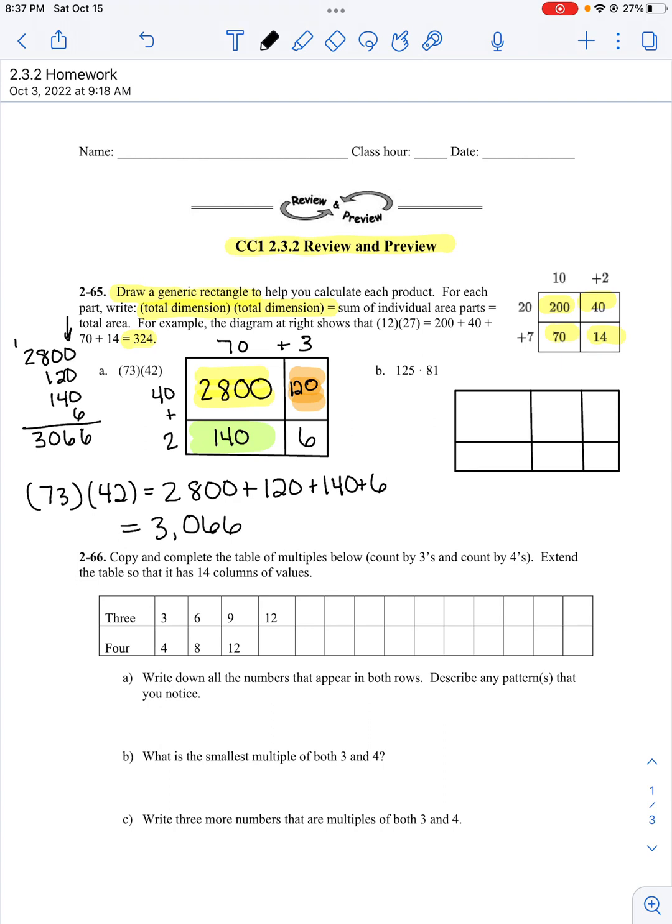I'm going to do the same thing for part B. My expanded form for 125 is 100 plus 20 plus 5 times 80 plus 1.